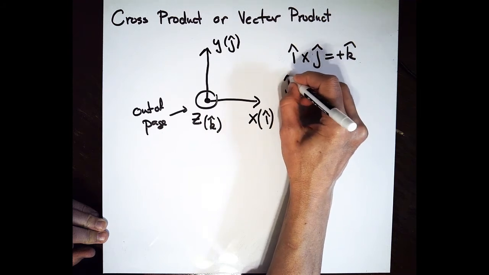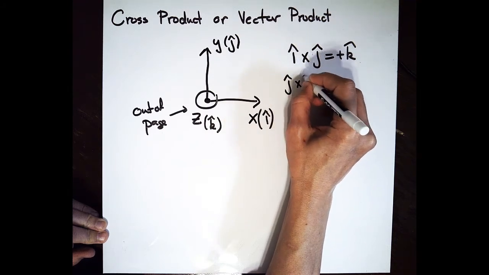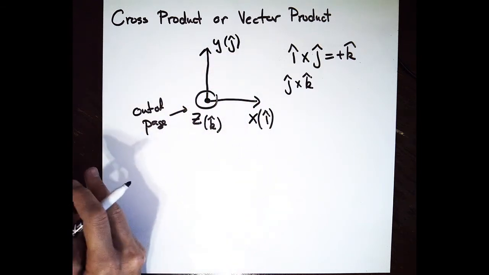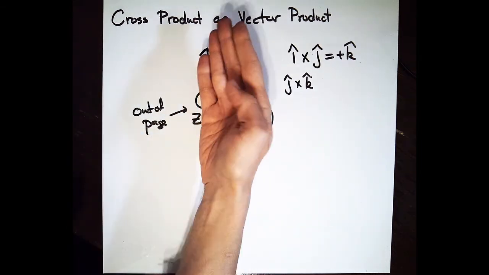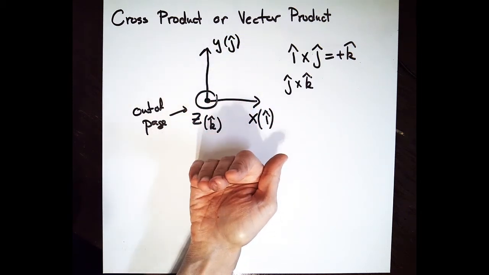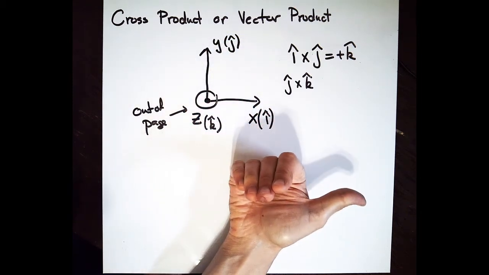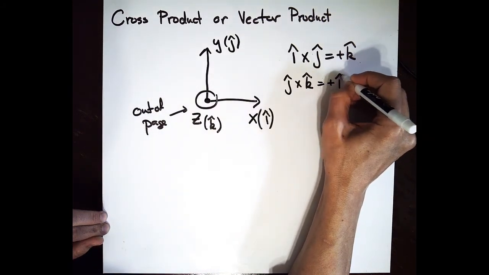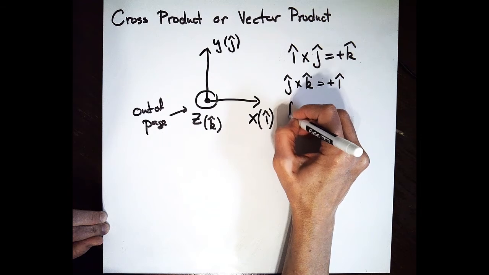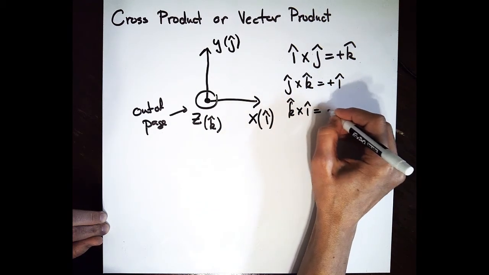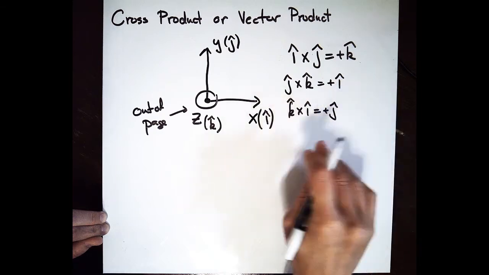We can do j crossed with k, or y direction crossed with z direction. That is, we're going in the y direction, and then we curl our fingers so they point up in the z direction. Our thumb points in x, or the i direction. So that'll be positive i hat. And then k hat crossed with i hat is positive j hat.